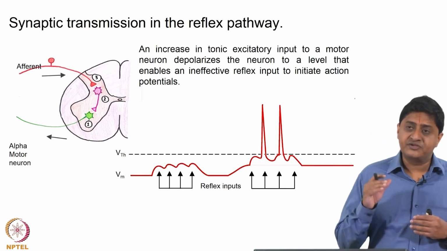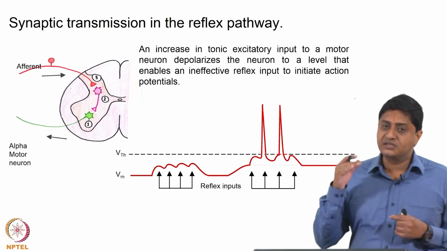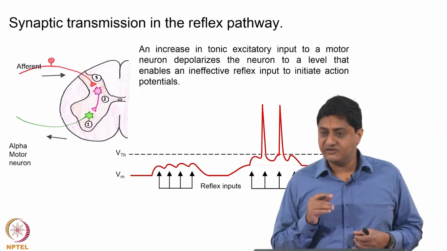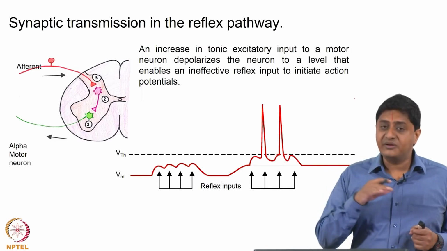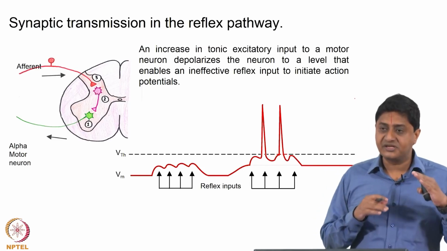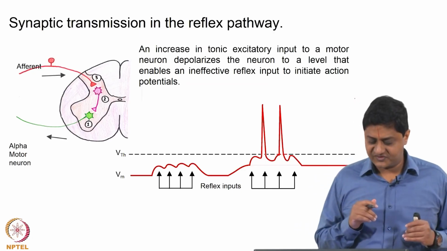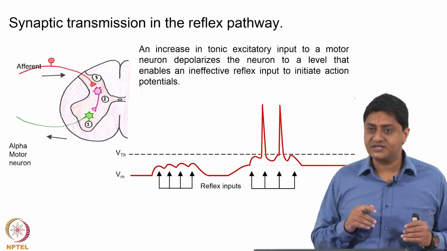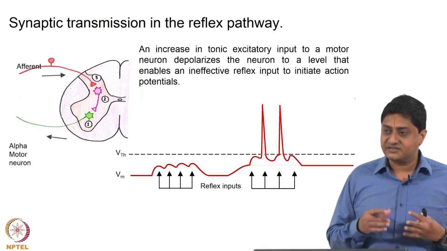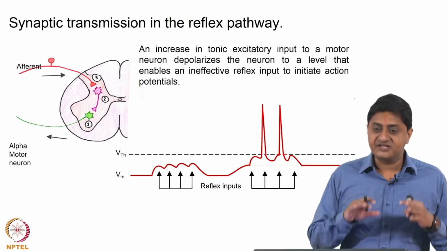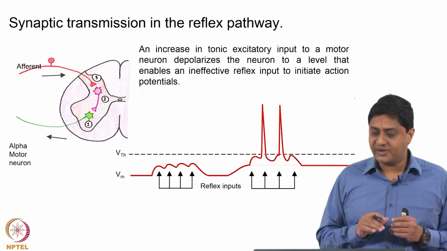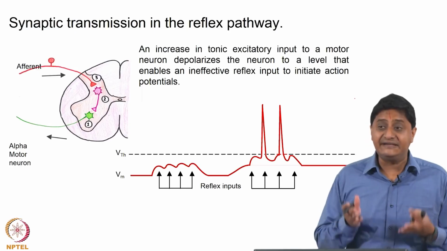It turns out that if you transect the brainstem between the superior colliculus and the inferior colliculus, so at the level of the midbrain, then the reflex responses or the reflex inputs provided by the brainstem are usually heightened.